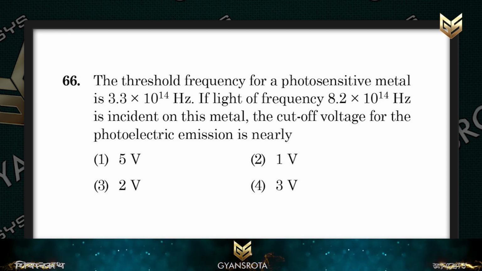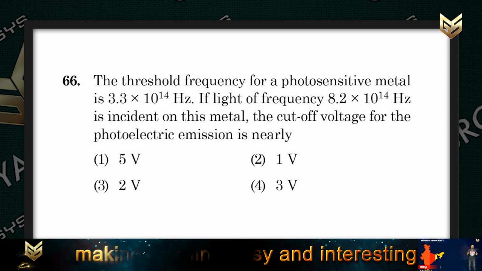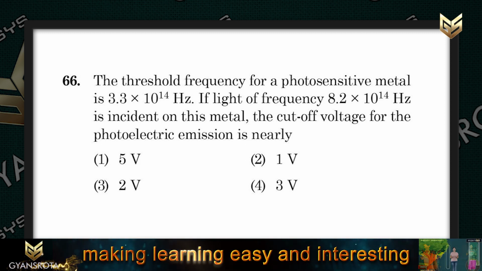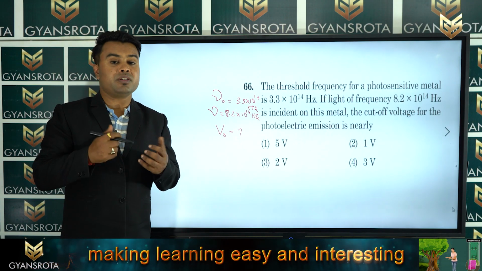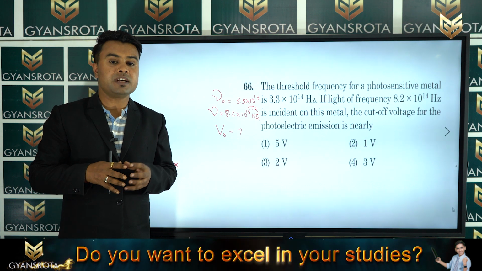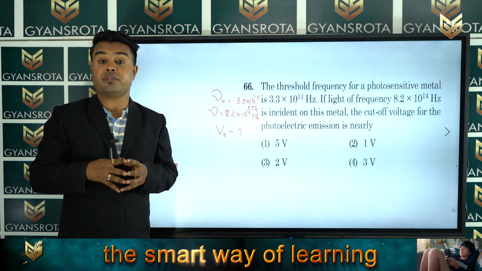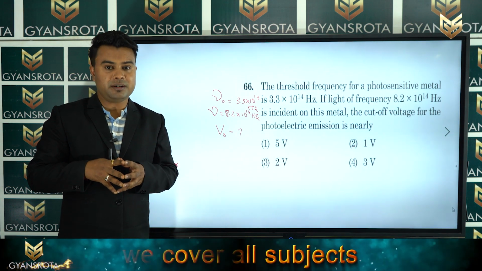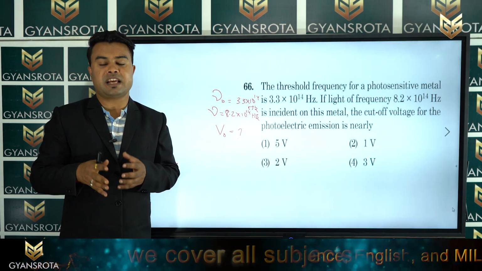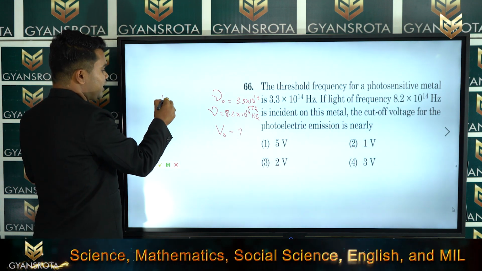The cutoff voltage, that is your V naught, you have to calculate, for the photoelectric emission. For that, you have to know from which chapter this question came. This question came from the chapter dual nature of radiation and matter, and the topic is Einstein photoelectric equation, where you will be using kinetic energy.